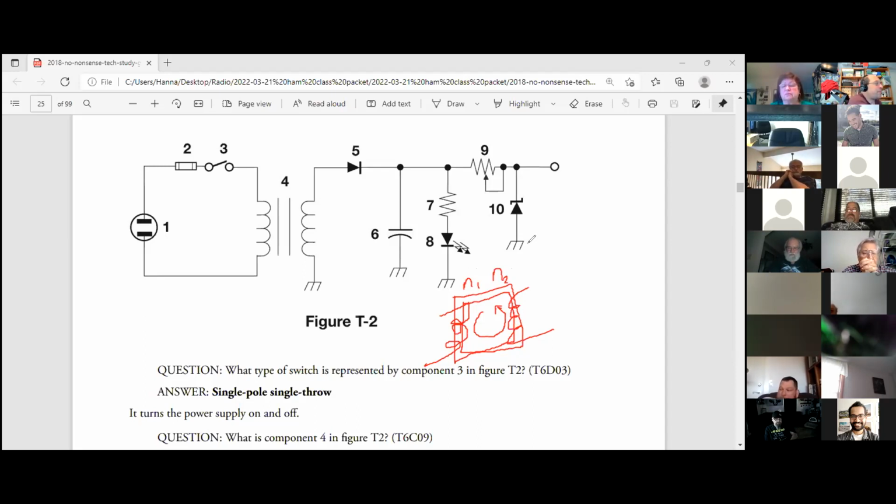So if I have 120 volts AC, because it only works at AC, and this is a 10-to-1 turns ratio, this is the way a transformer works, I will have 12 volts AC on that side.